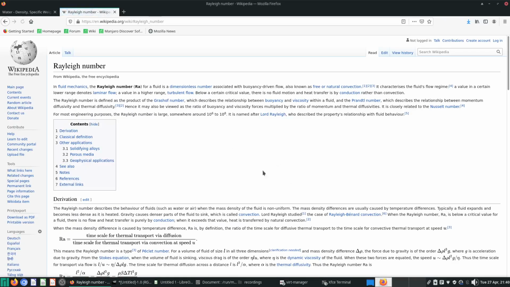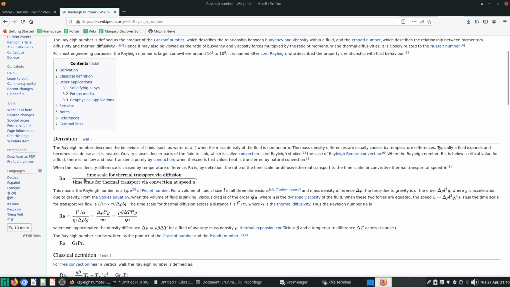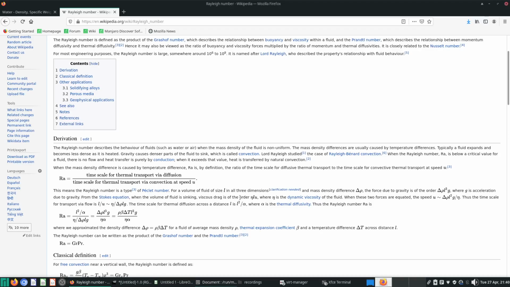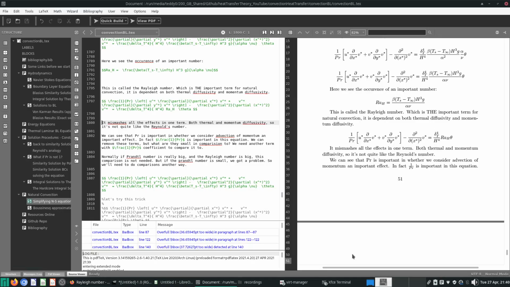Okay, you can check out Wikipedia. According to Wikipedia, it is the ratio of the time scale for thermal transport via diffusion to the time scale of thermal transport via convection. Okay, it's not very obvious from here, because we derived it from a momentum balance, so to speak. But if you look at Wikipedia, you can see why that is the case.